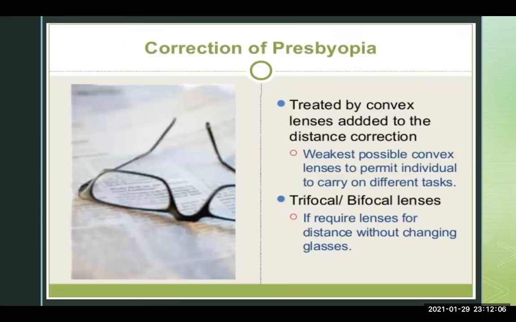Presbyopia, I mentioned before and defined it as the inability of the person to see near objects because of age, not because of any errors. This presbyopia is treated by convex lenses added to the distance correction.